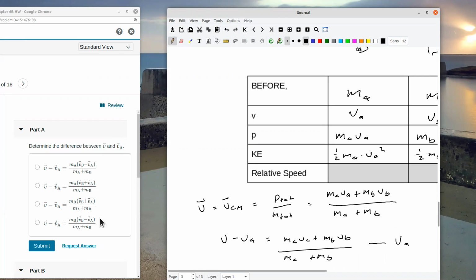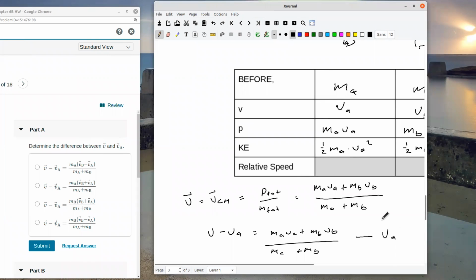Okay, that doesn't look like any of the things that are in the options here. So we're going to have to do a little bit of algebraic moving things around in order to make it look like that so we can see which one it is. That's all we're doing: taking that expression minus VA, and then we're going to algebra it until it looks like one of those. Okay, let's see if we can figure out what that would be.